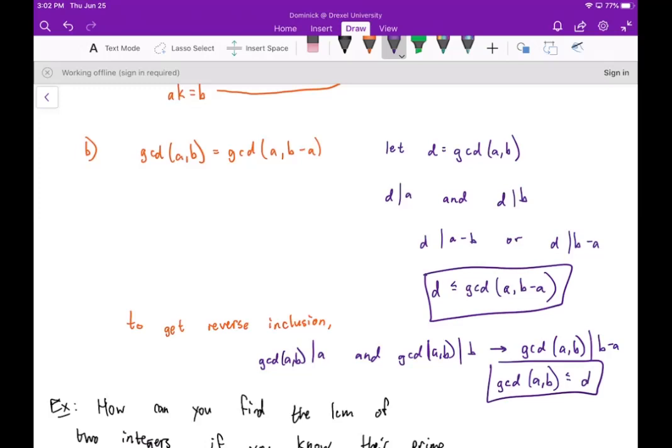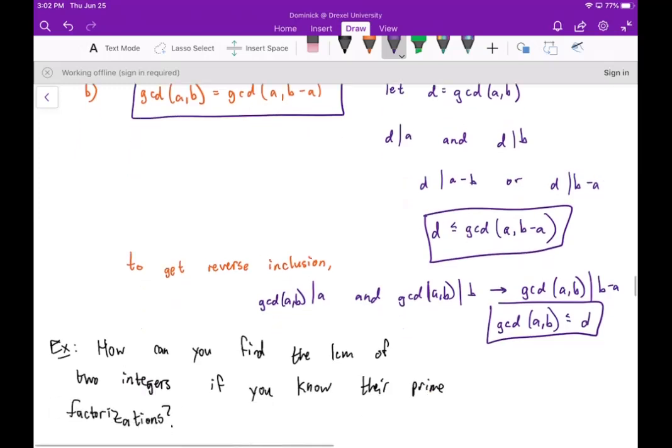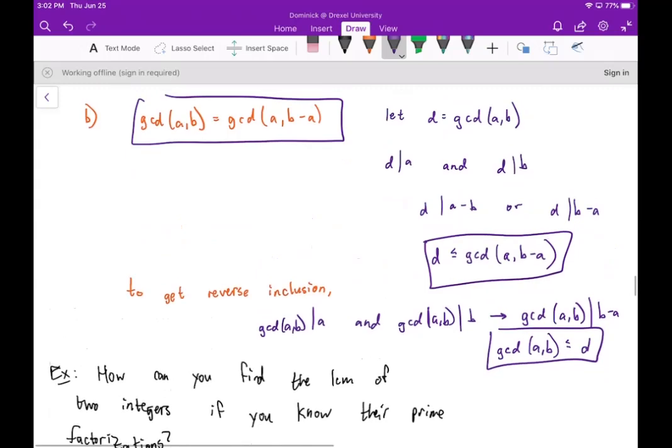Okay, so then that means that the GCD of A and B minus A is the same. Right, and I guess actually I should make it this way. Let's be a little bit more precise here, I guess.